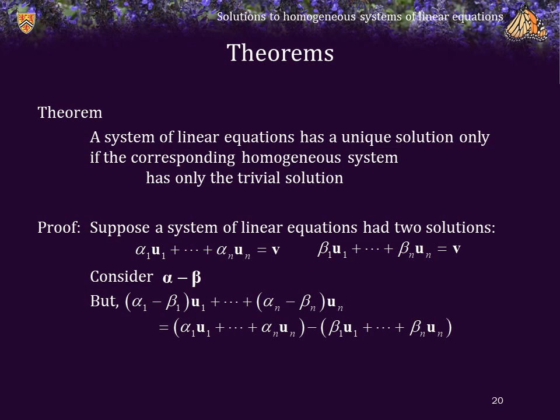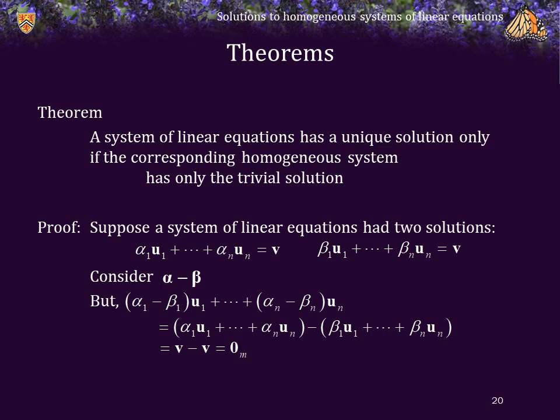The thing is that the first equals v, as does the second. So this is actually equal to v minus v, which is the zero vector. What this says, therefore, is that the coefficients alpha 1 minus beta 1, alpha 2 minus beta 2, and so on up until alpha n minus beta n are a solution to the homogeneous system of linear equations.